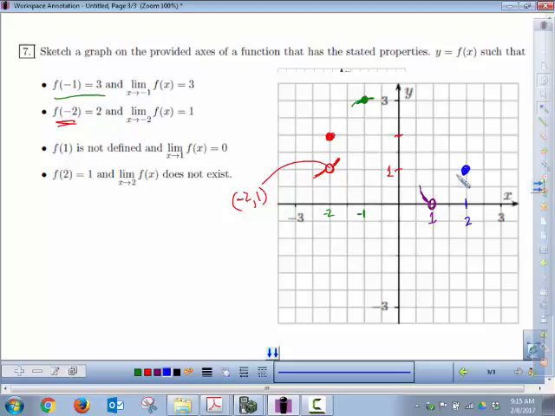So one way is that maybe the limit approaches 2 from the left side, but from the right side it goes somewhere else. So would you agree that now, as x approaches 2, the limit does not exist? So that's one way for this to not exist.